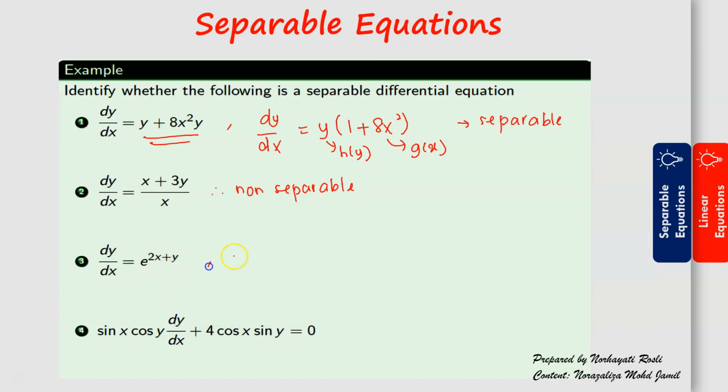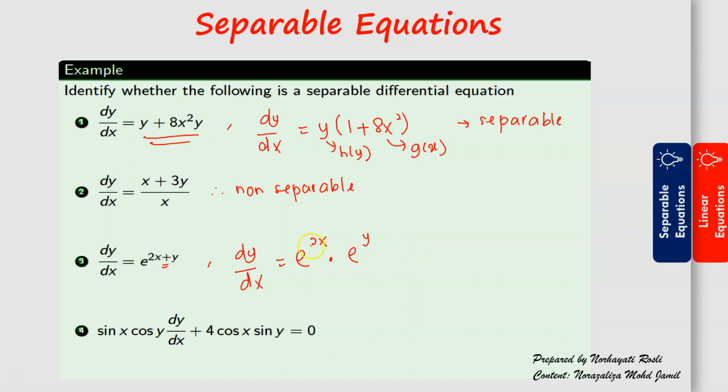And then for the third one, I have this one. If you see, it is quite similar to the previous example. This is an exponential function to the power of 2x plus y. Because of the plus, we can write e^(2x) times e^(y).